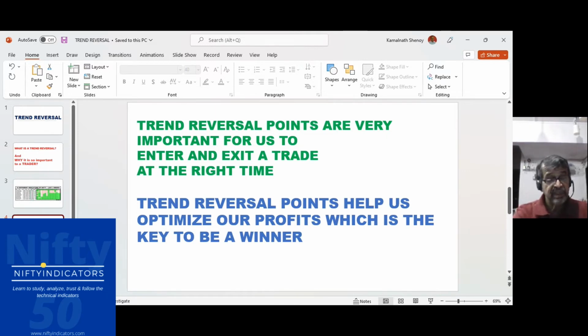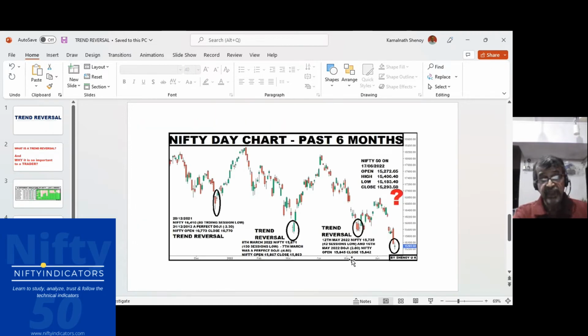But the best thing is to identify, of course, at various times there will be various trend reversal indicators, but we need to identify which is the right trend reversal signal, which is the right time to enter a long or exit a long or enter a short or exit a short.